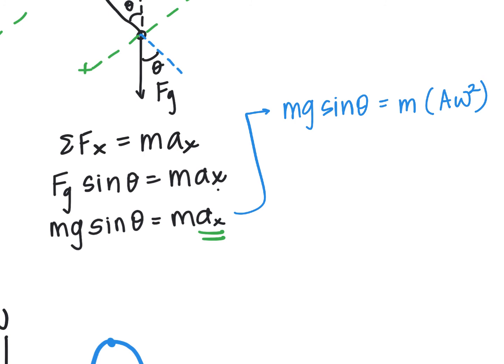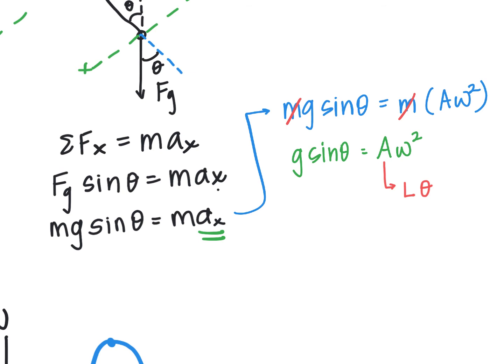Now remember, capital A is the amplitude, the maximum amplitude of our original position function. I can do a little algebra here and divide by m on both sides. And so I have an equation that looks like g sine theta is equal to A omega squared. The amplitude in this case is the arc length, which would be the length of the string times the angle we pull it back.